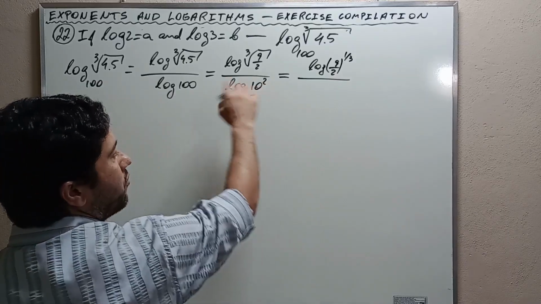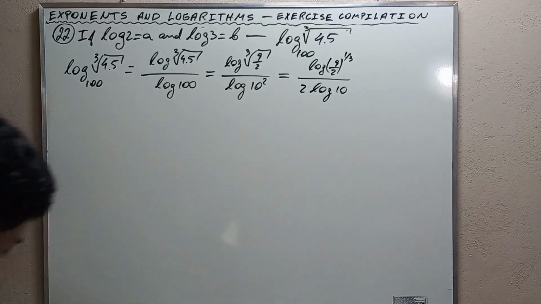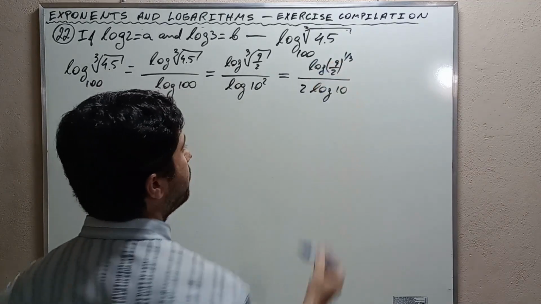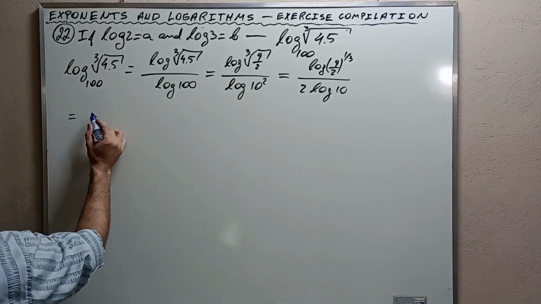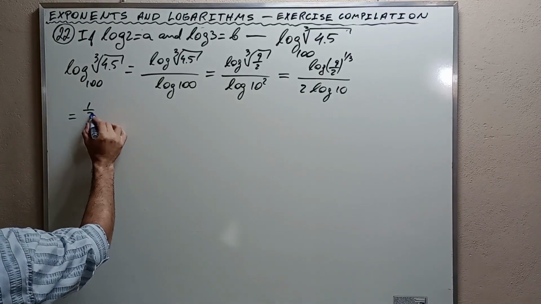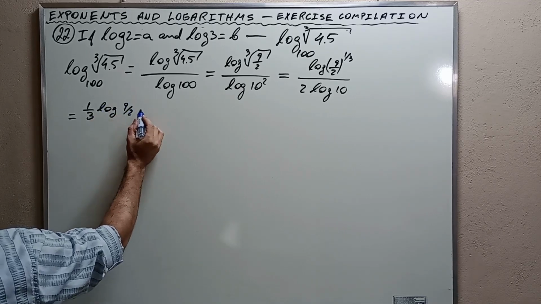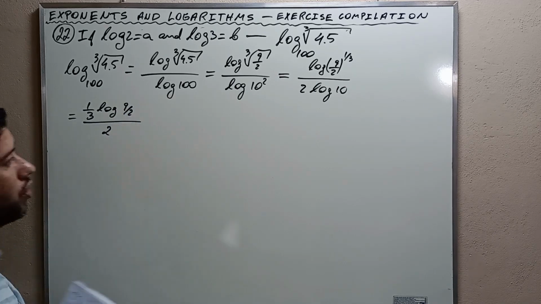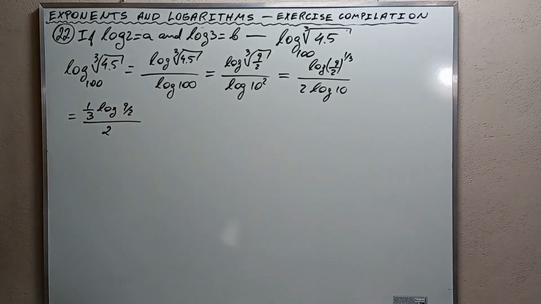And this, we can pass this number here. It's 2 times the logarithm of 10 base 10. Okay? We can pass this 1/3 to this side here. We're going to have that it is 1/3 times the logarithm of 9 divided by 2 base 10, divided by only 2, because the logarithm of 10 base 10 is 1.